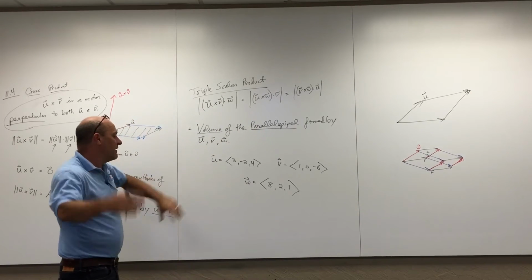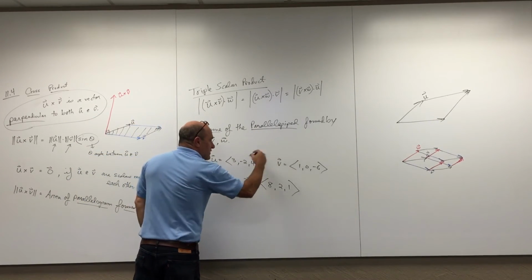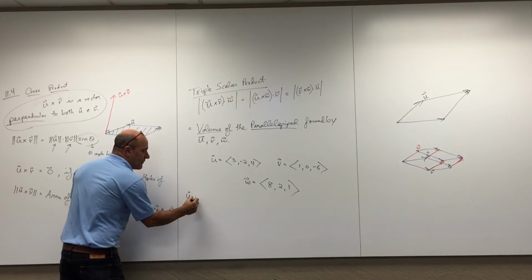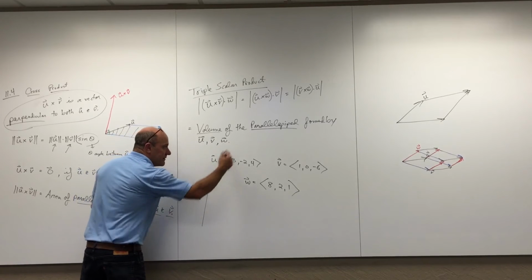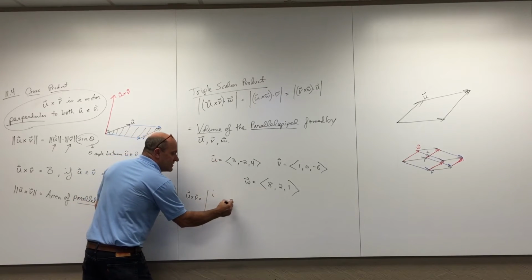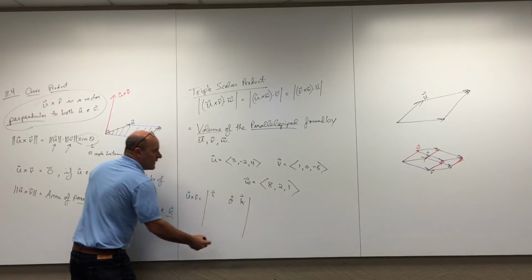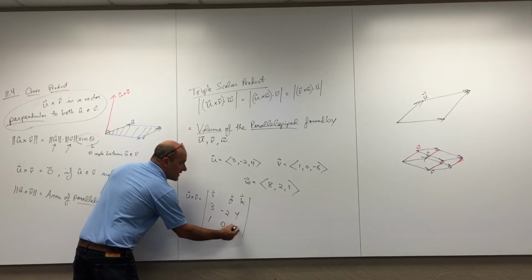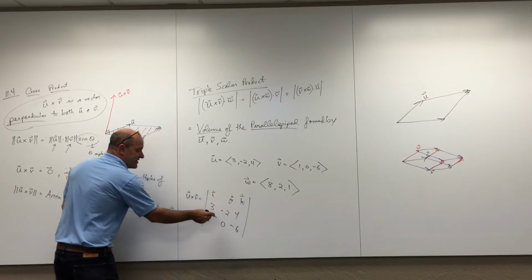I think I'll just cross product those two. To do a cross product, I got to write it all out. I can't really do it in my head. I gotta do my ijk, my 3, -2, 4, my 1, 0, -6. It's nice to do a cross product with a 0 in there.